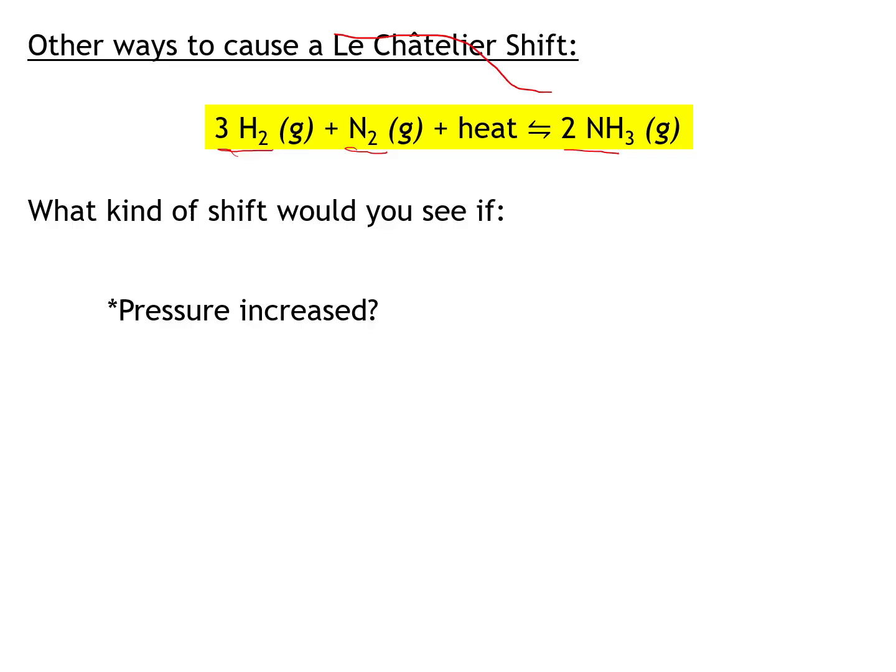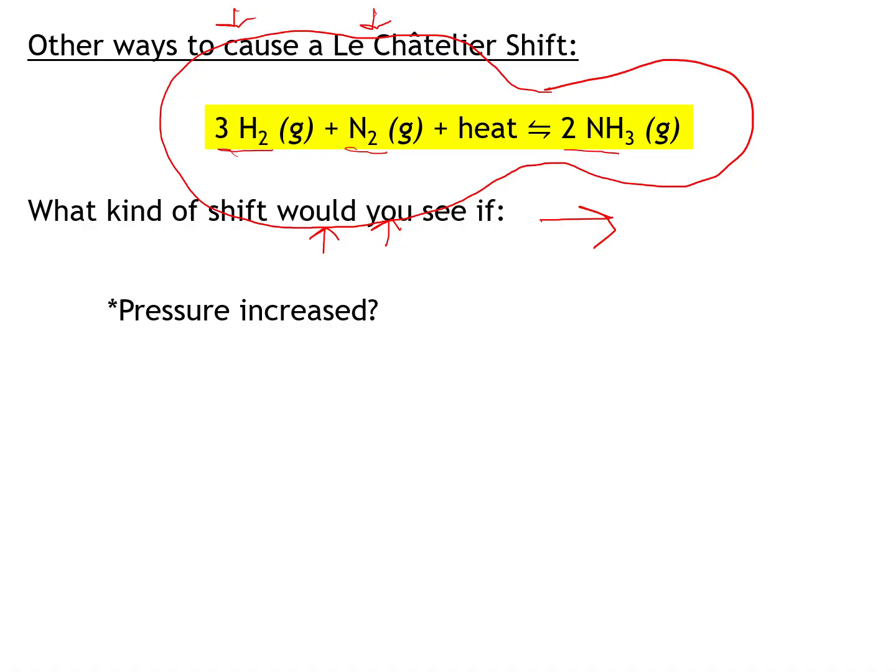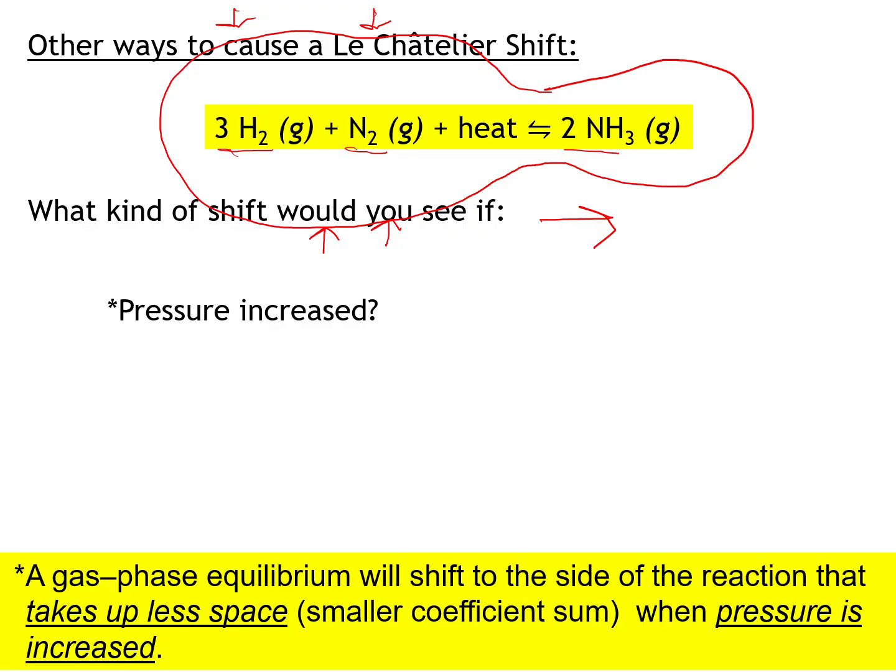It's going to take up more space than the right-hand side. So if you start increasing the pressure on the system, it is going to affect the reactant side more than it is on the product side. And so you're going to end up with a right shift over to the side that takes up less space. So yeah, that would be a right shift.